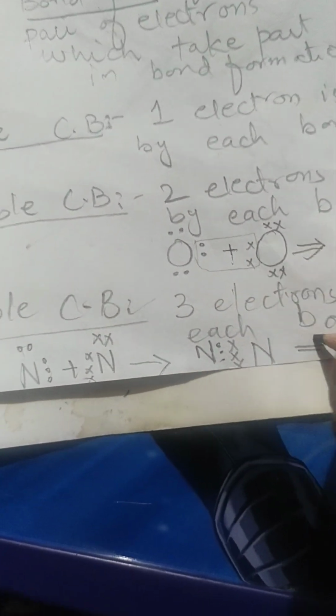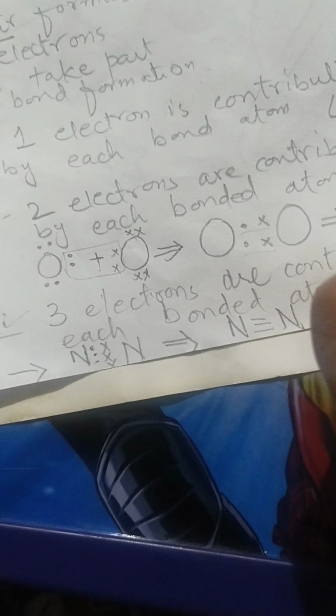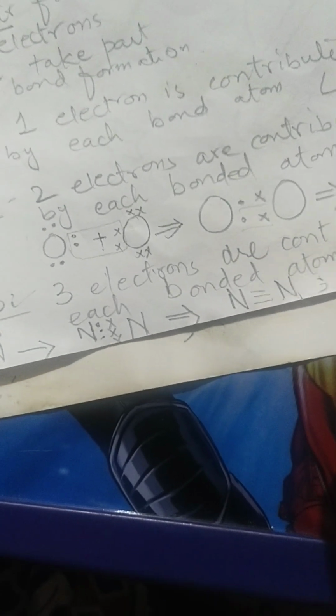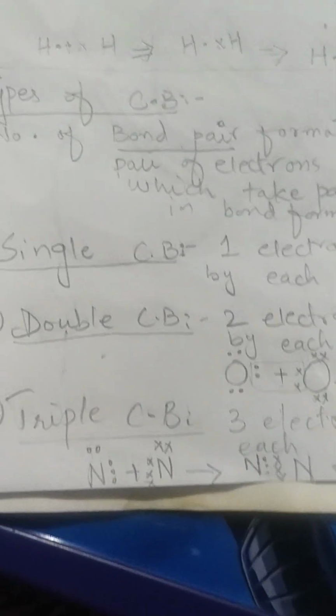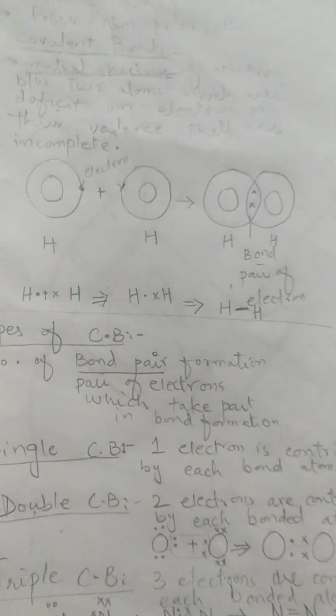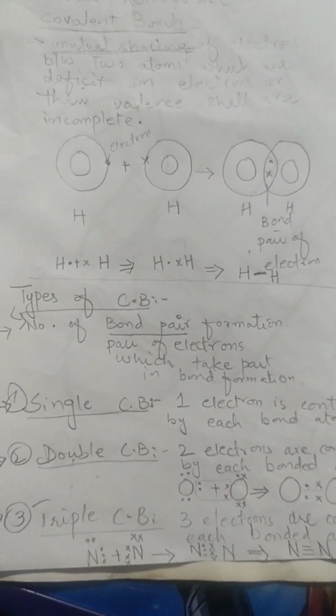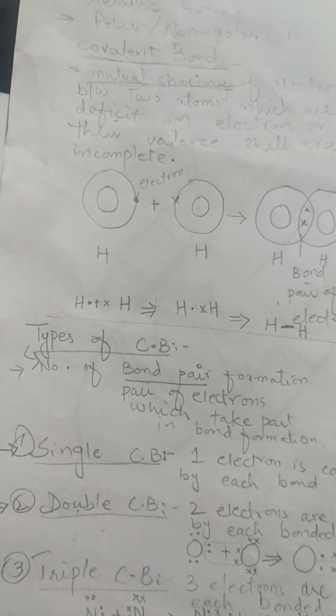By sharing these 3 electrons, it will form a triple covalent bond, shown by 3 lines between 2 nitrogen atoms, and this will form nitrogen gas, which is N2. This is an example of triple covalent bond. There are many examples of triple covalent bond too, but we will only discuss nitrogen here.